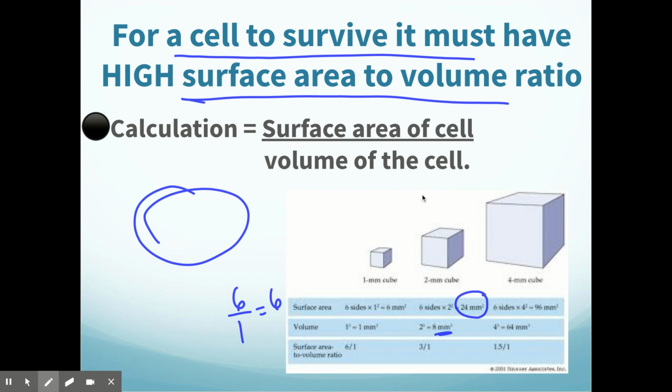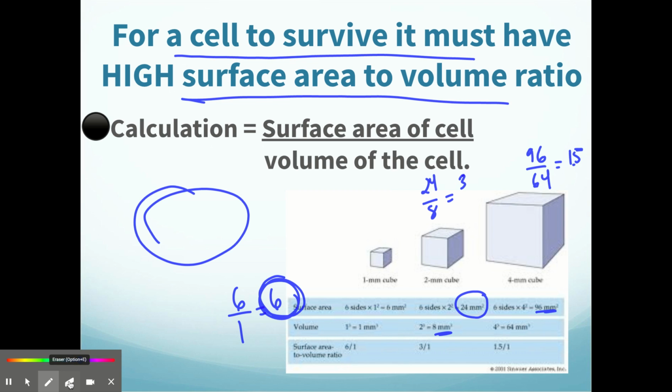The volume is 8, so 24 divided by 8 is 3. And then for the 4 millimeter cube, it's 96 for surface area divided by 64, and this is actually 1.5 for surface area divided by volume. So your little 1 millimeter cube has the highest surface area to volume ratio.